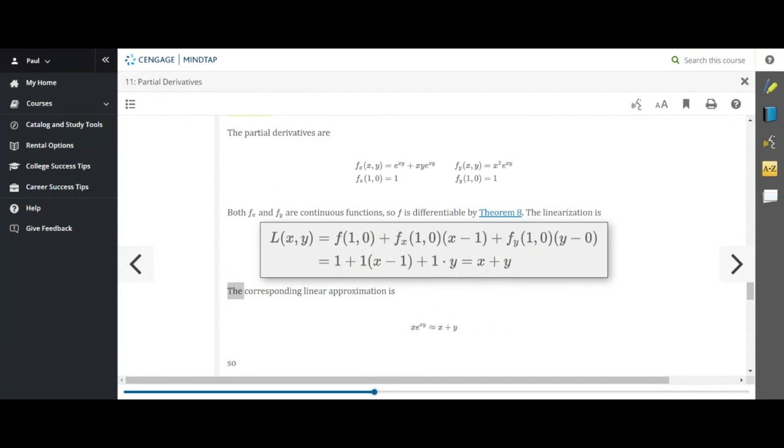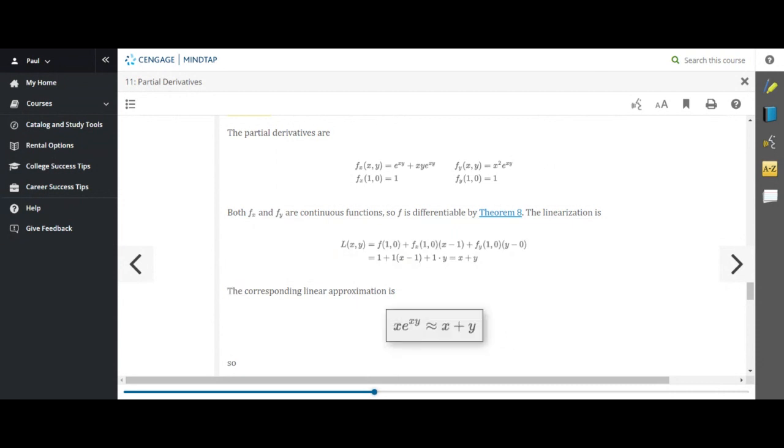The corresponding linear approximation is what you see here: x times e to the xy power, which is a complicated function, can be approximated by this very easy function, x plus y, so long as you're maintaining your focus around points close to x equals 1 and y equals 0.